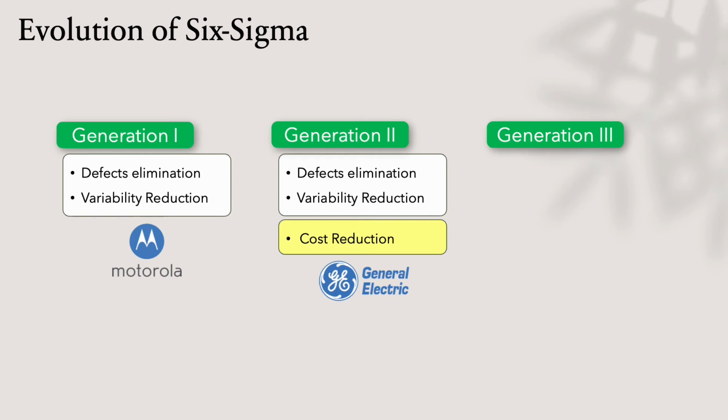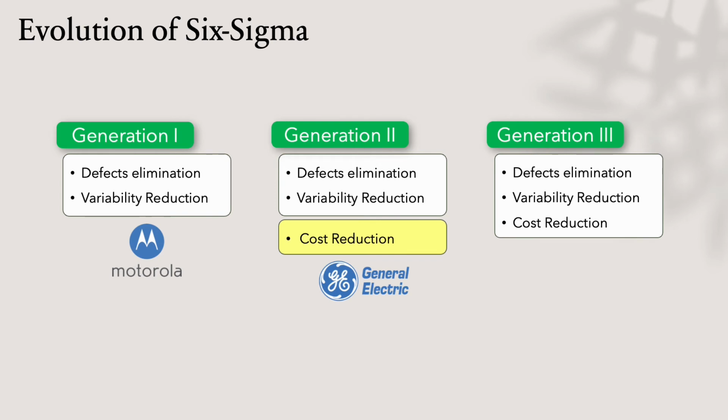On top of generation 2, generation 3 was developed. The focus points of generation 2 were defect elimination, variability reduction, and cost reduction. On top of these three aspects, there was another aspect introduced: value addition.